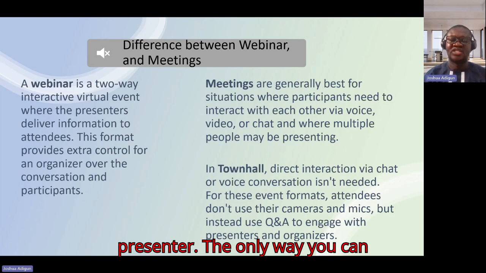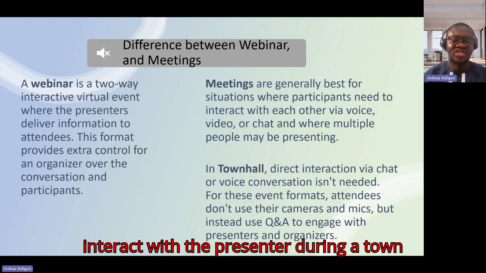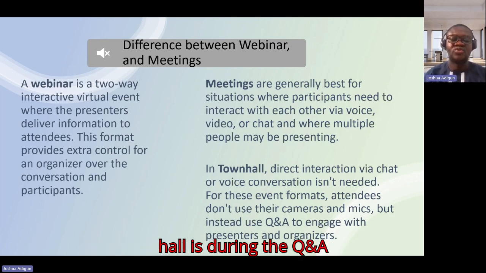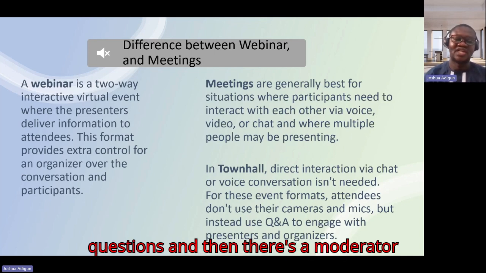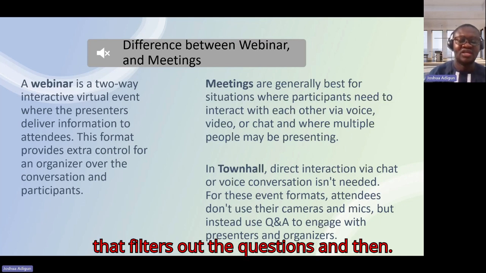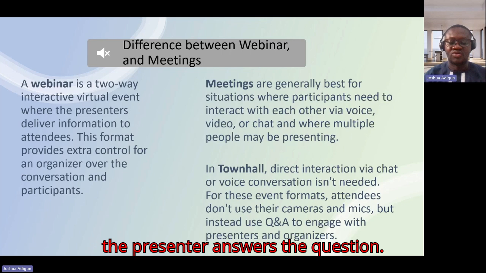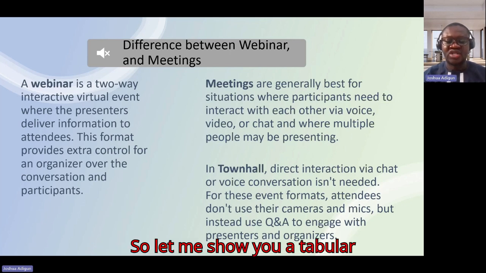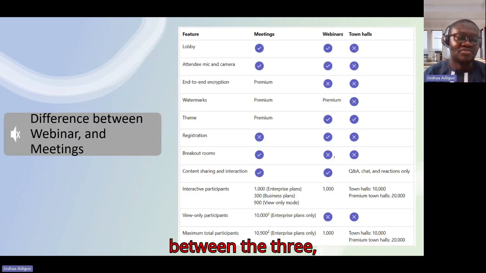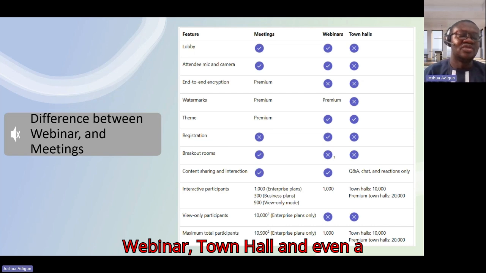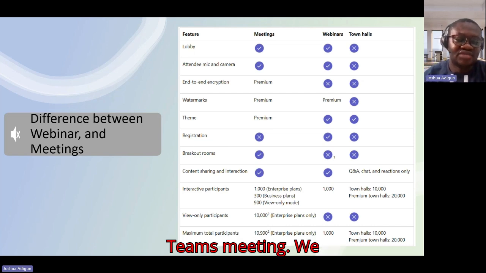The only way you can interact with the presenter during a town hall is during the Q&A session, where you drop your questions, a moderator filters out the questions, and then the presenter answers them. Let me show you a tabular format to show the difference between the three: webinar, town hall, and Teams meeting.